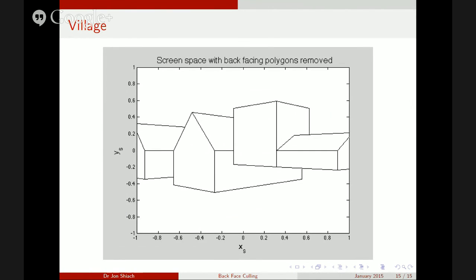This house, which was right at the front, should have been front and center, obscuring anything behind it. Now, as you can see, this church, or what I've tried to draw as a church, is slapped there. So back-face culling has reduced the number of polygons in our space by half, but it hasn't quite given us a good image.